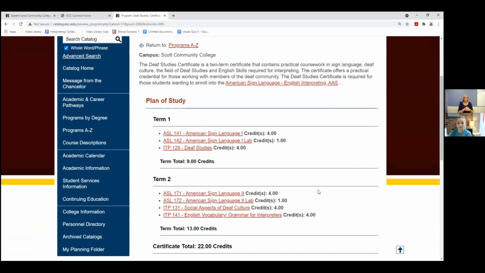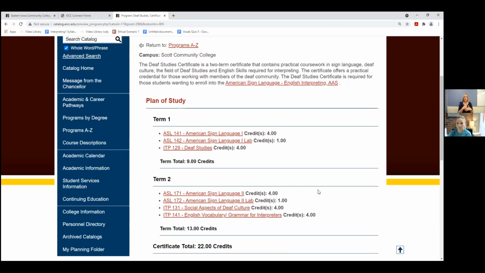Term 2, which is spring term of that same year, you take ASL 2, a lab that goes with that. You continue to look at the deaf community, but this time much more from a cultural standpoint and social aspects of deaf culture. And you take an additional ITP course that is totally based on English as your native language. You need to learn how to use English the way interpreters use English.